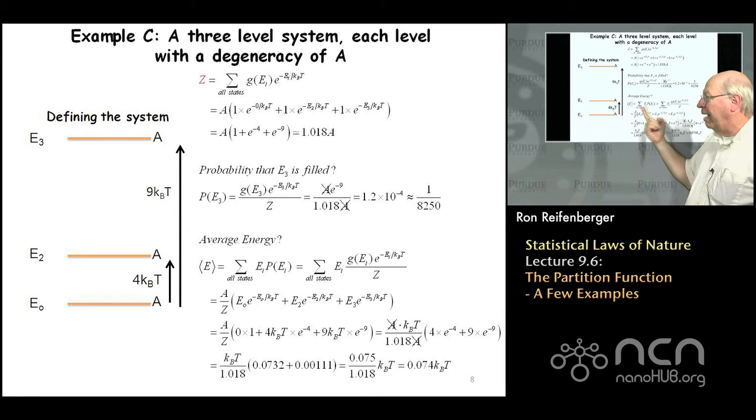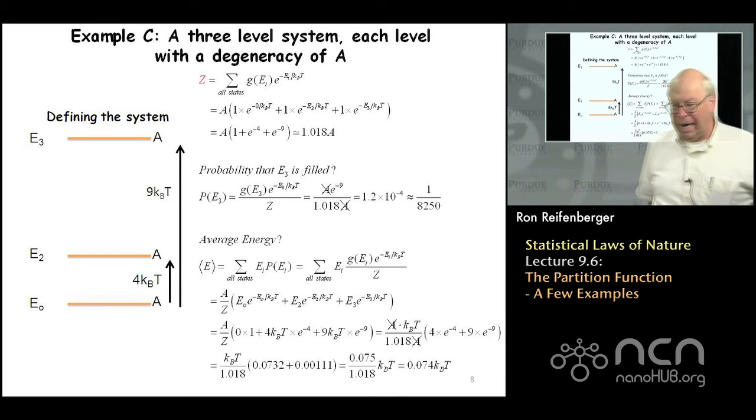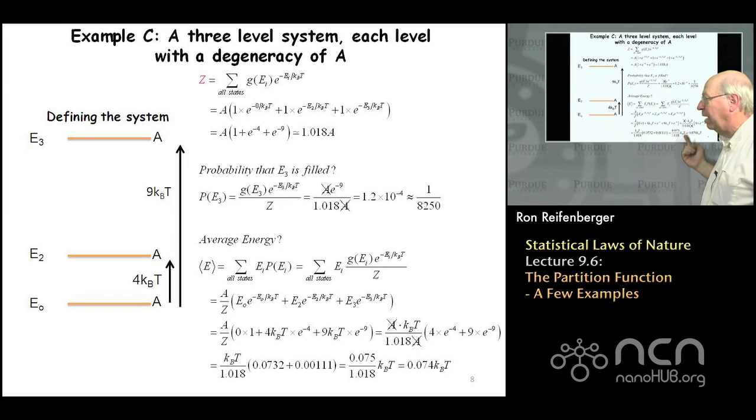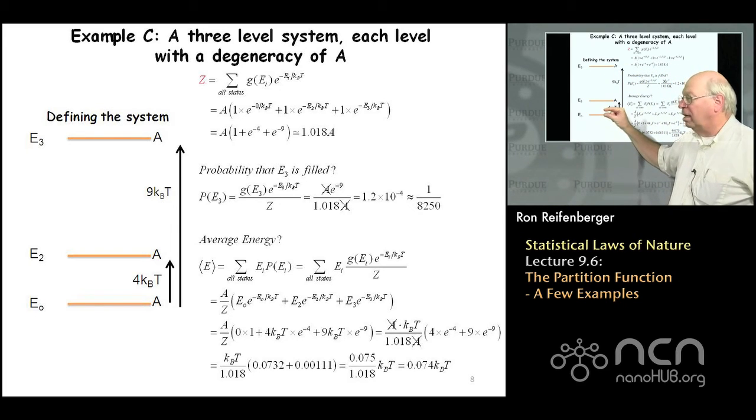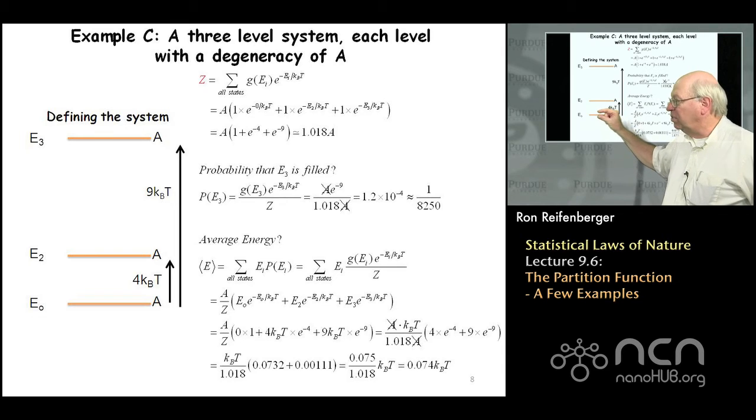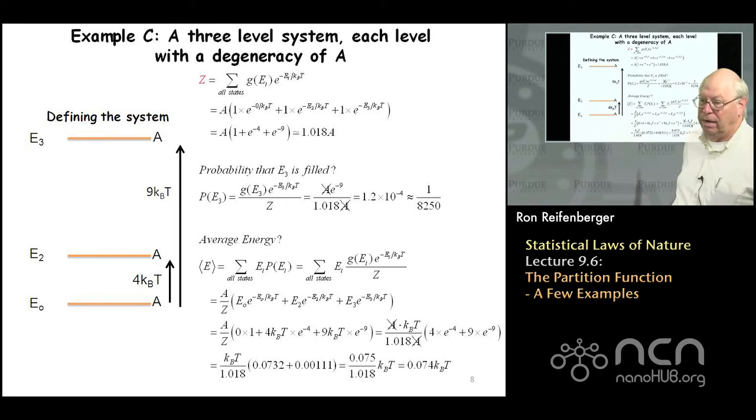So I can now evaluate this sum explicitly. I worked that out in about 2 or 3 lines. At the end of the day, again, you're going to see that this degeneracy factor A cancels out because it appears both in numerator and denominator. And you find that the average energy of a particle is about 0.07 kT, which just basically means that most of the particles are residing in this lowest energy state.